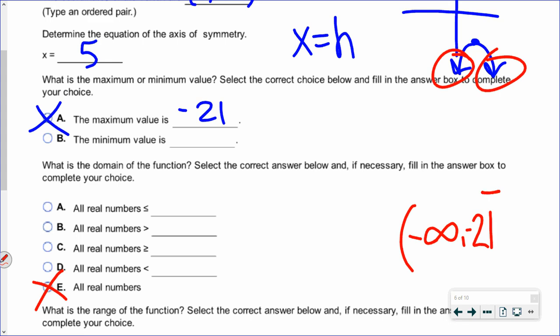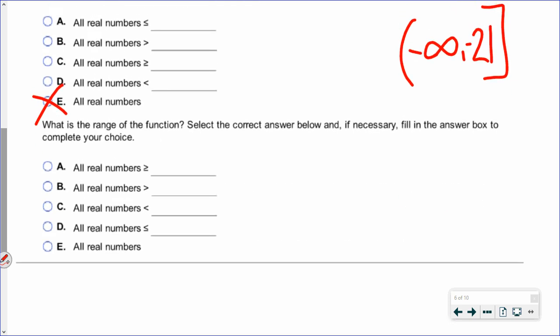At negative 21, and it can be negative 21, so which one of those describes that? Is it greater than or equal to, greater than, less than, less than or equal to, or all reals? It's going to be D, less than or equal to negative 21. Do we all understand that, yes or no? Beautiful problem. It'll be there, okay?